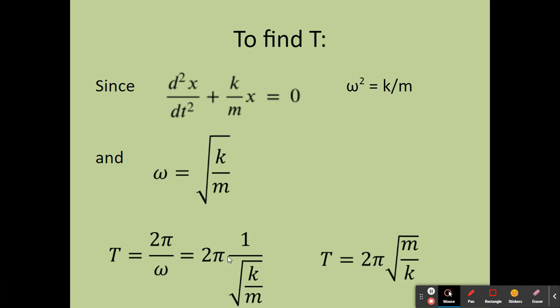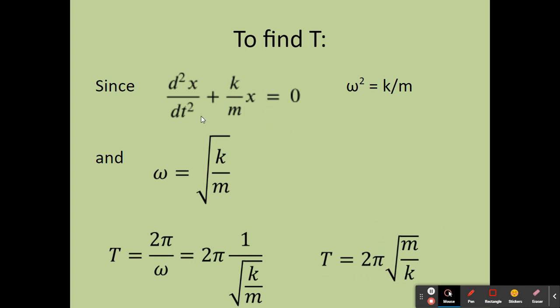So that's 2 pi times 1 over the square root of k over m. And if you're dividing by a fraction, you multiply by its reciprocal. So that means we have the period is equal to 2 pi square root of m over k, which is what we're using on the spring simple harmonic motion spring lab. So that's where that equation comes from.